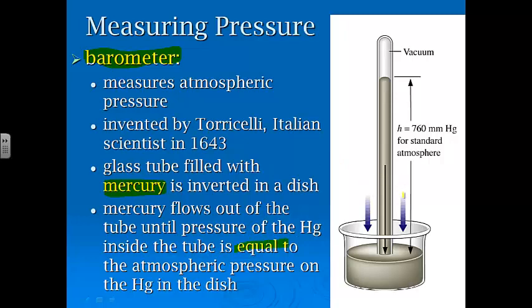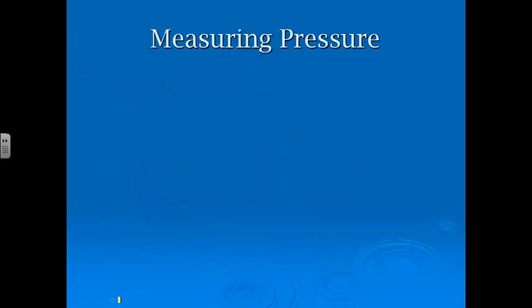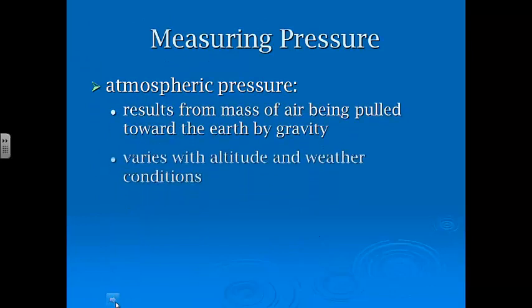And remember here, this downward arrow is the atmospheric pressure pushing on the mercury. So the higher the atmospheric pressure, the more the mercury is going to rise in the tube. Obviously it will be lower the fewer those arrows. So that's just common practice for a barometer.